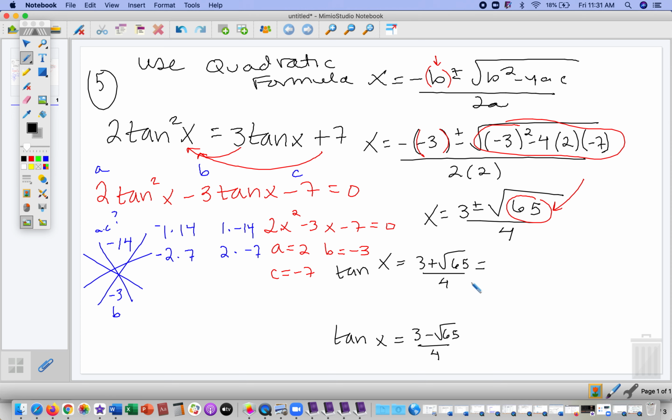So root 65 plus 3 divided by 4. We'll get about 2.77. And down here, we'll get 3 minus root 65 divided by 4. So we'll get negative 1.27.